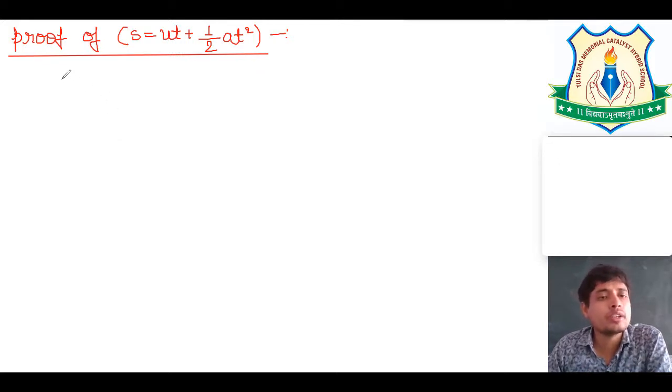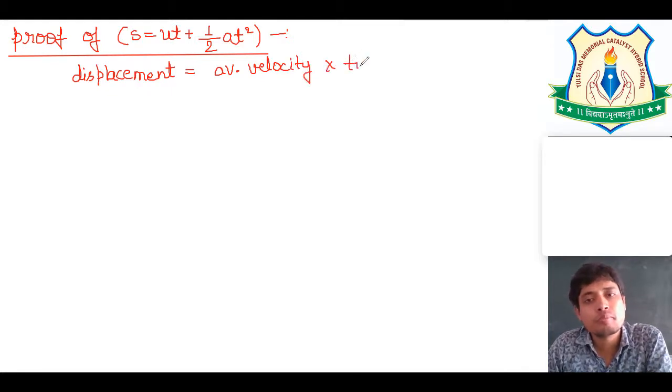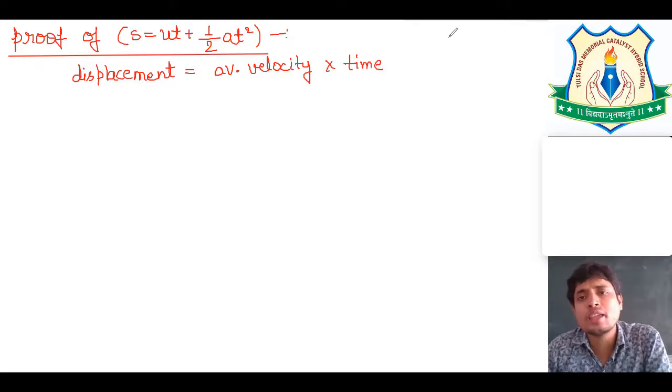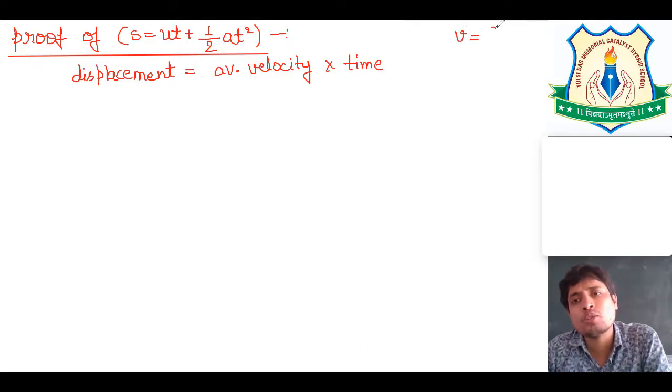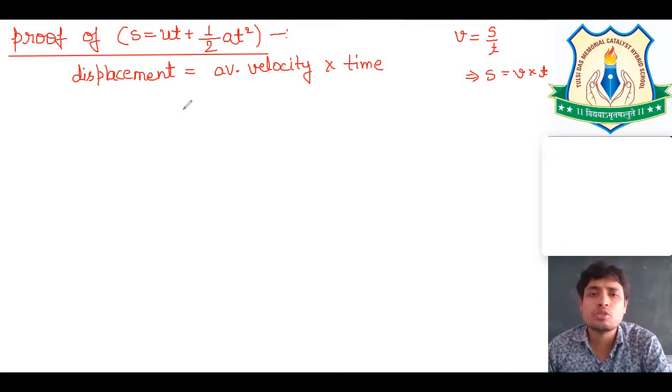Now you are knowing it, the displacement equal to average velocity into time. Just like you are knowing the formula v is equal to displacement upon time, this implies that displacement equal to velocity into time. On the same pattern, the net displacement will be average velocity into time.